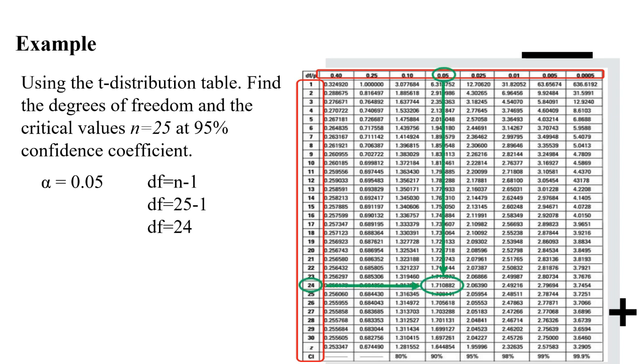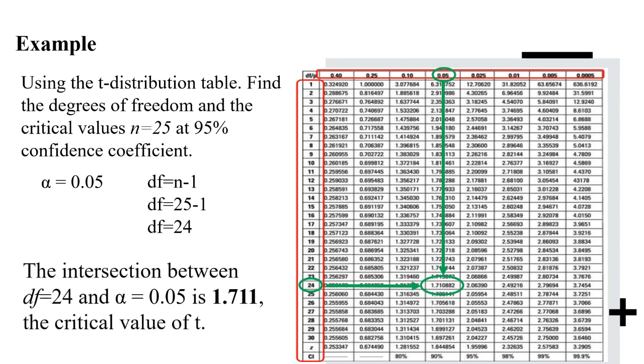The intersection between your alpha and your degree of freedom, that is 1.710882, which is your critical value.